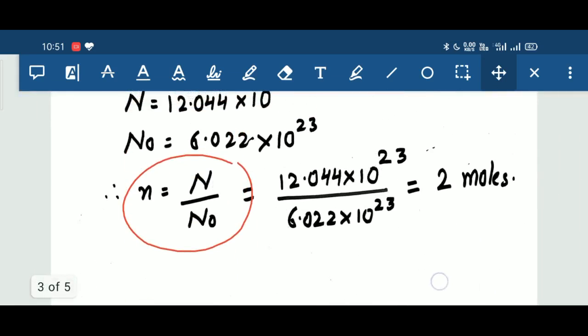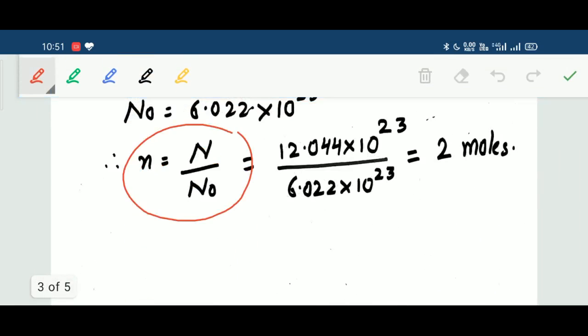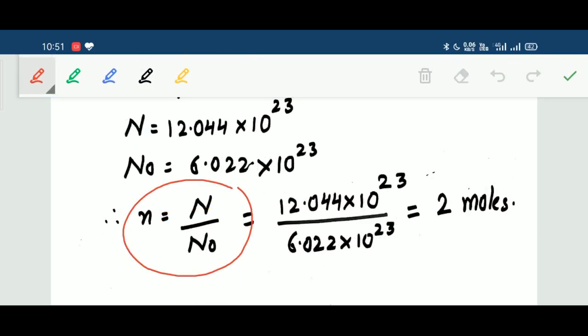Now using the relation small n is equal to capital N upon N naught, and substituting the values, capital N is equal to 12.044 into 10 raised to 23, and N naught is Avogadro's number, that is 6.022 into 10 raised to 23. Answer is 2 moles. Now it is up to you whether you want to solve this question using the unitary method or using this formula.